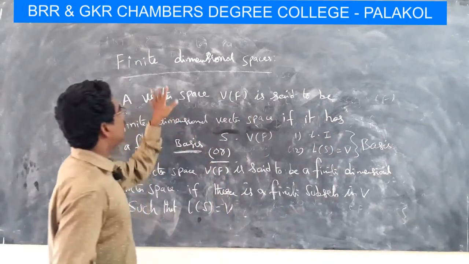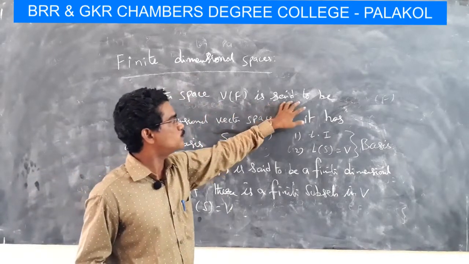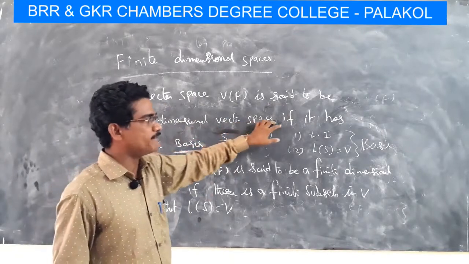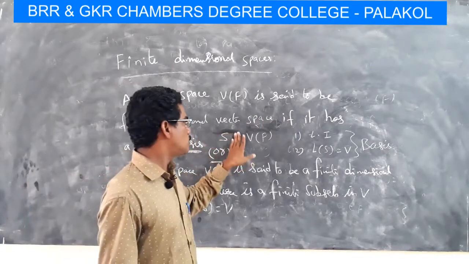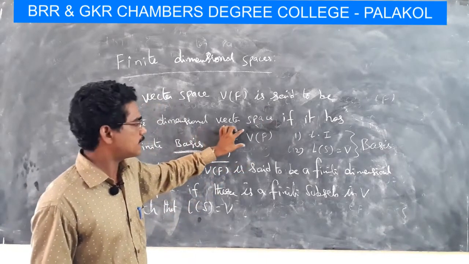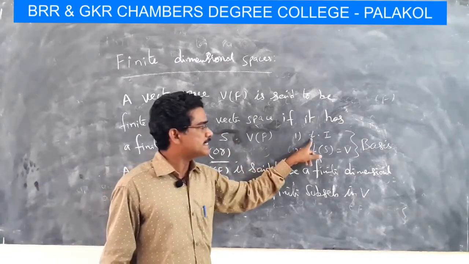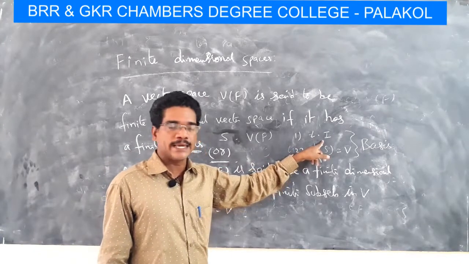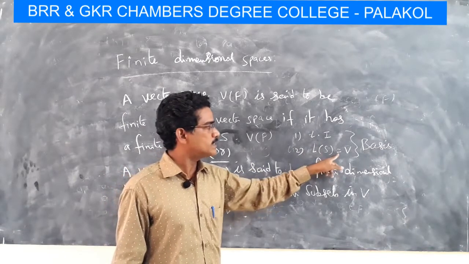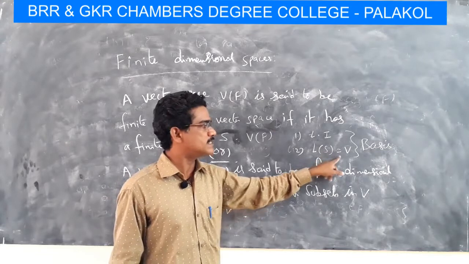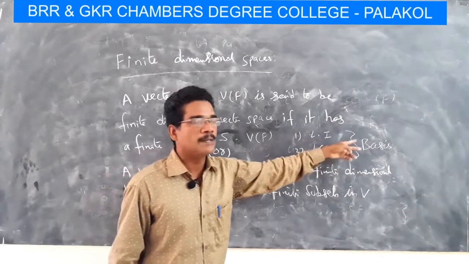So a finite dimensional vector space means a vector space V over F is said to be finite dimensional if it has a finite basis. Basis means, suppose a subset S of a vector space V over F is a basis, then first S is linearly independent, and second L of S is equal to V, that is, the linear span of S is V. When two conditions are satisfied, then it is a basis.